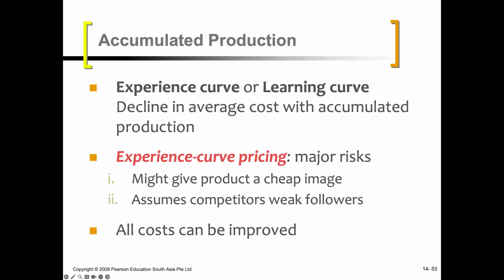Experience curve pricing has a major risk in that it might give a product a cheap image, and it assumes that the competitors are weak followers. So just keep in mind that all the costs can be improved.